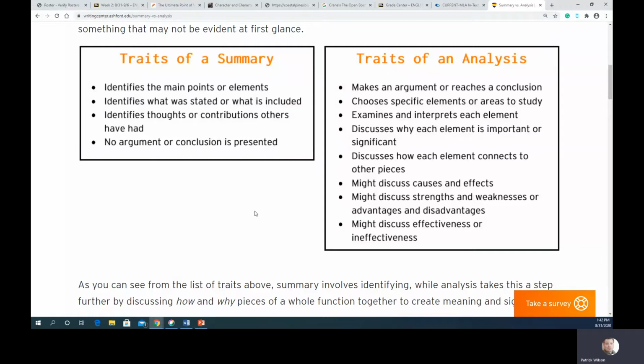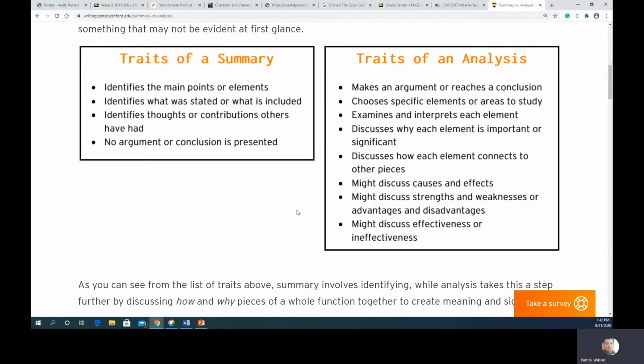They're not going to spend too much more time on the difference between summary and analysis. They're just going to say, well, you had 1101, 1102 English, you should know how to do this. And if you still don't, then maybe you need to go see a tutor, go to the writing center, or possibly drop the course until you figure out how to do it and then reapply.